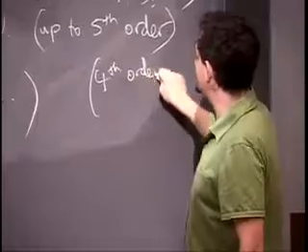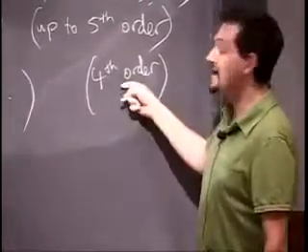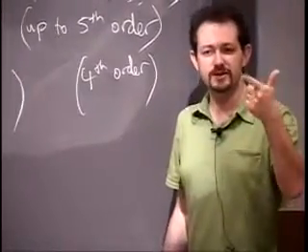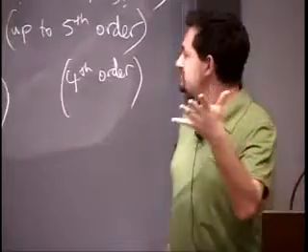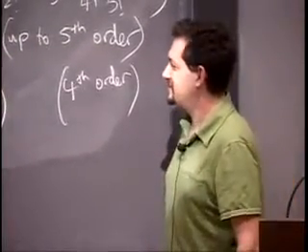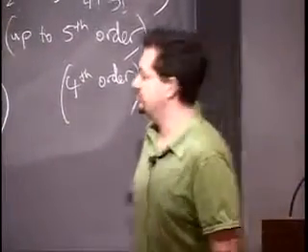If I am lucky, then I will have 4 non-zero terms. Actually, I could have 5 non-zero terms if I'm really lucky, because 4th order is 0, 1, 2, 3, 4. 4th degree polynomials actually have 5 coefficients. So if I'm really lucky, then I will get 5 non-zero terms. You know what? Let's just see if it works.